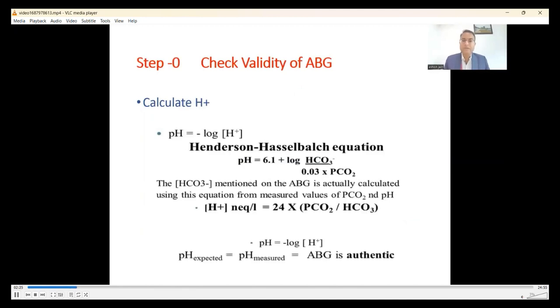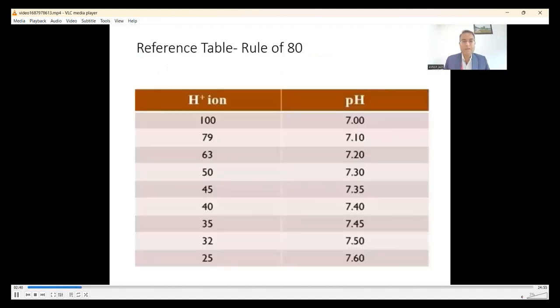So how do we calculate or interpret an ABG? The first step is to check the validity of the ABG. We need to calculate the H+ ion concentration with the help of the Henderson equation, that is H+ equals 24 times PCO2 divided by bicarb. These two values are given by the ABG machine. Then we can use the algorithm table and the logbook to identify the level of H+ ion with the rule of 80.